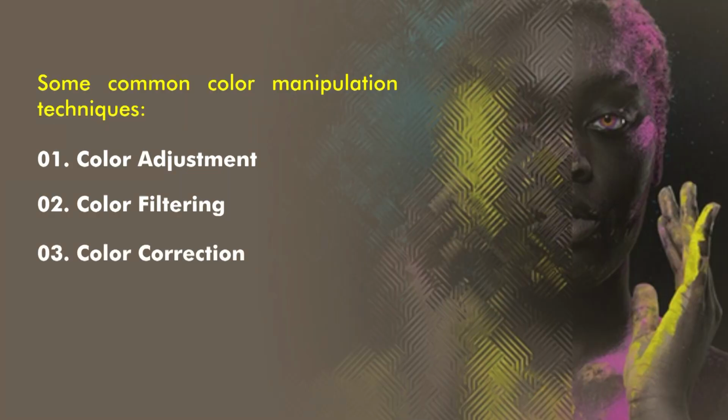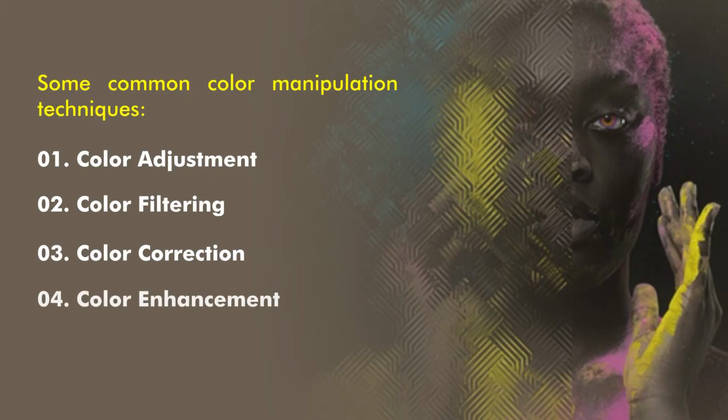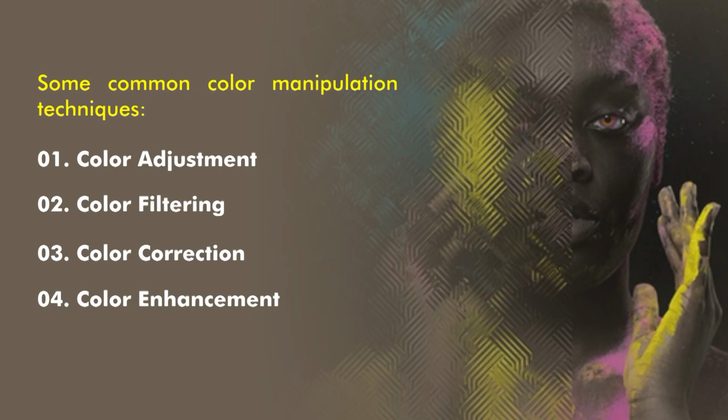Third, color correction. Correcting color issues to make the image more natural or accurate. Common corrections include white balance or color cast removal. Fourth, color enhancement. That means enhancing specific colors or regions in the image, like selective color adjustment or color pop.